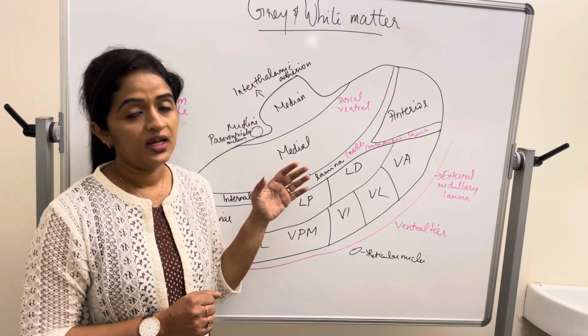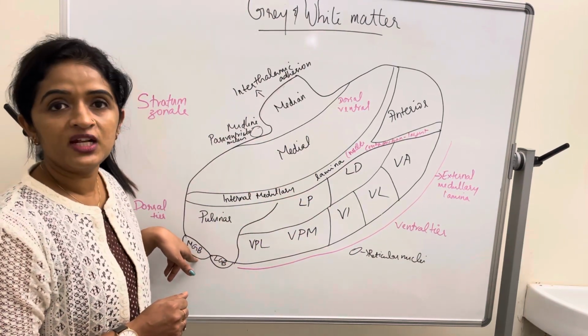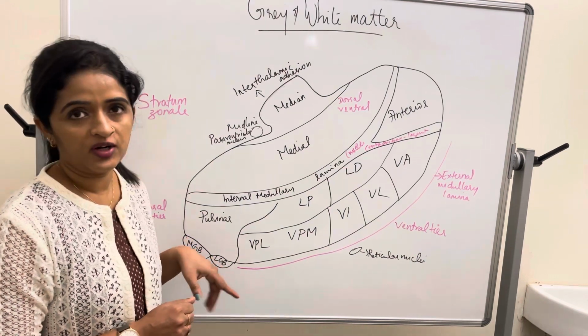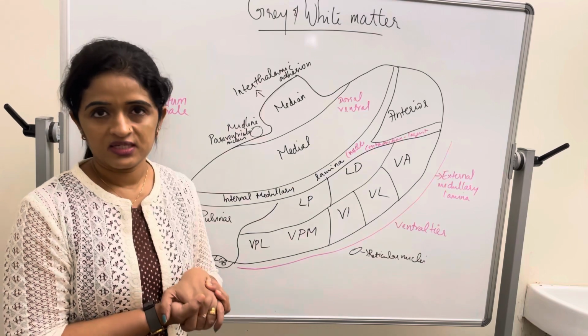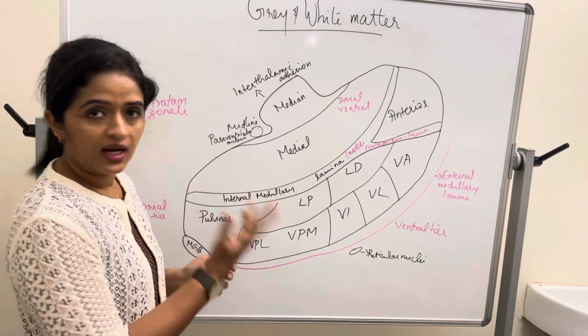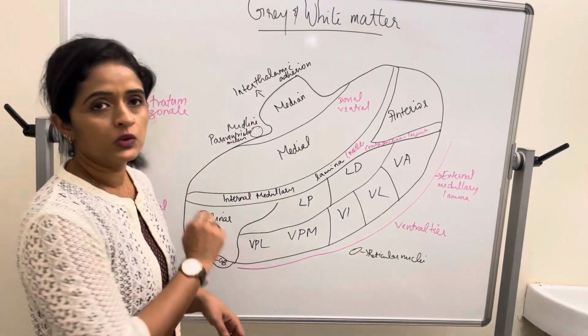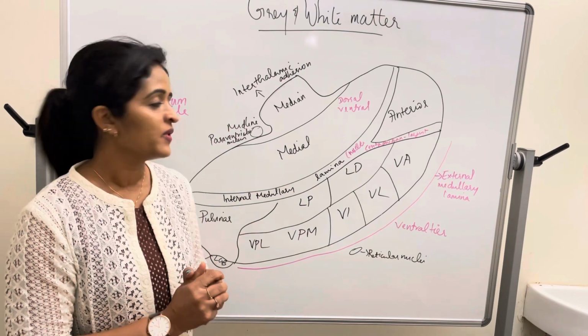Now these are the three other non-specific nuclei, and we can also mention the medial geniculate body and lateral geniculate body along with this group, though they are considered under metathalamus. Why? Because functionally it is related to thalamus. So in the other nuclear group, we include the medial geniculate body as well as the lateral geniculate body.